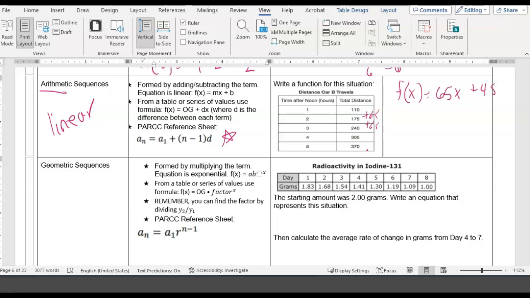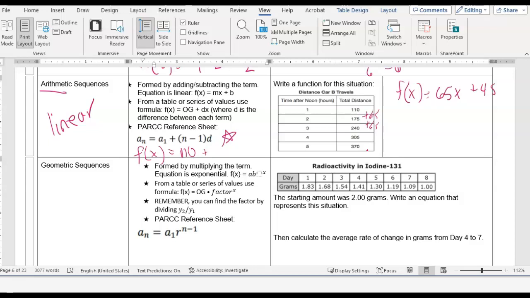You could also use this information to fill this out. So a of n, a of 1, right, f of x equals. So a of 1 is 110 plus n minus 1 times d, where d is the difference between each term. So we could also write this as 110 plus 65 times x minus 1.